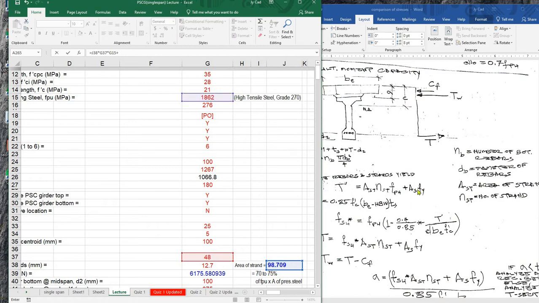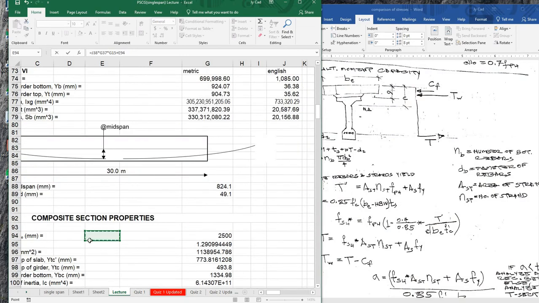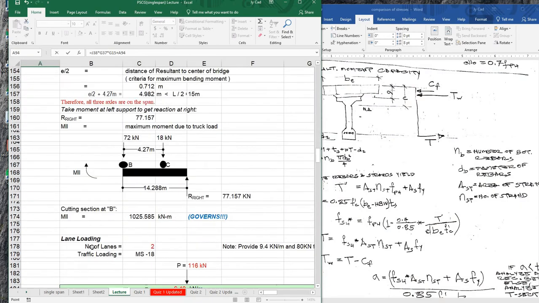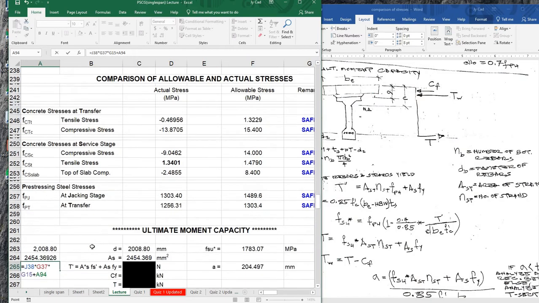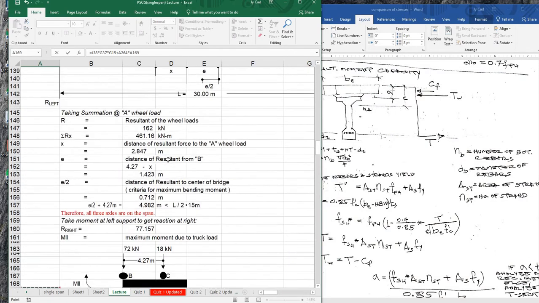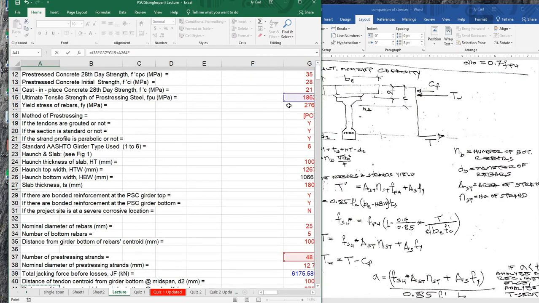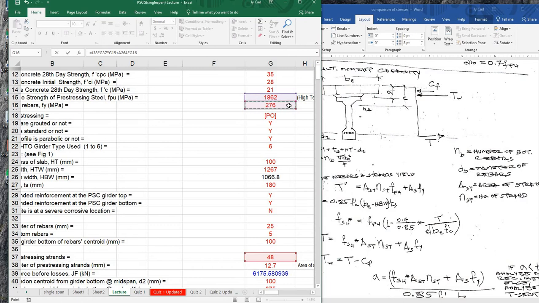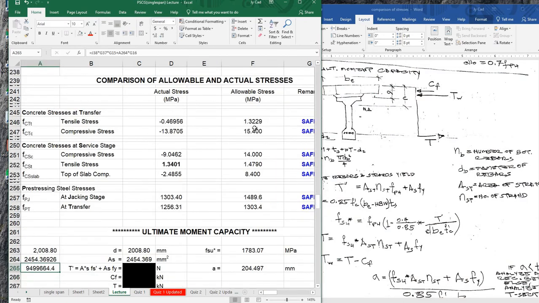Plus AS FY. Nasaan si AS? Yung kasosolve lang natin kanina. Ito siya, no? So, ayan. Times FY. Nasaan si FY? Given data yan. Yan. 276. FY is the yield strength of rebars. And then let's compare. So, parehas sila.